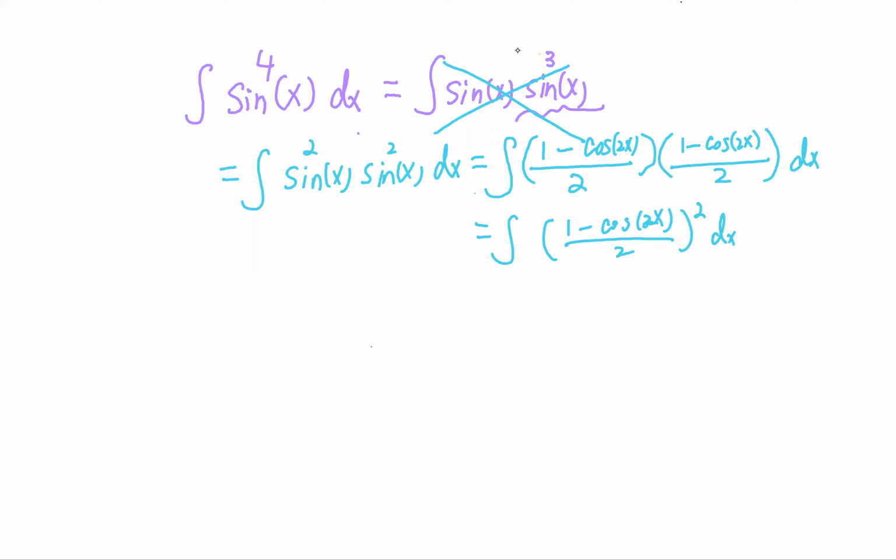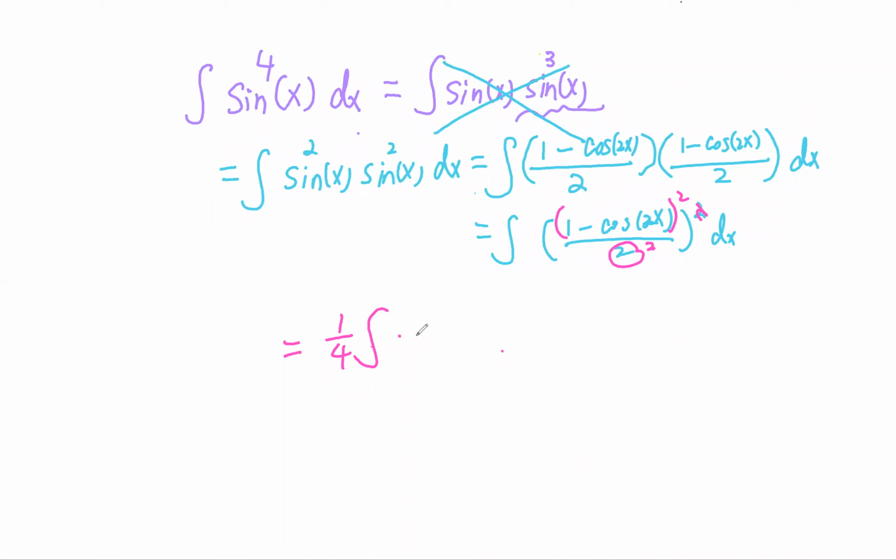So when we open it, I'm opening right now. First, I'm going to do 2 square, right? There's going to be a square here. So that's going to be 1/4 I'm going to put in front. I'm just going to square 1 minus cosine 2x.